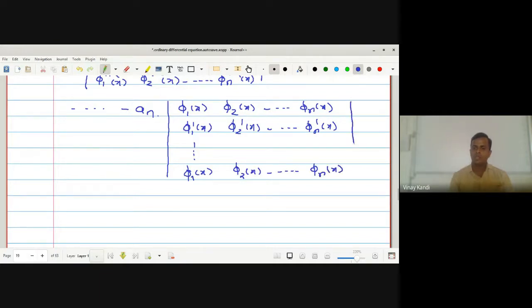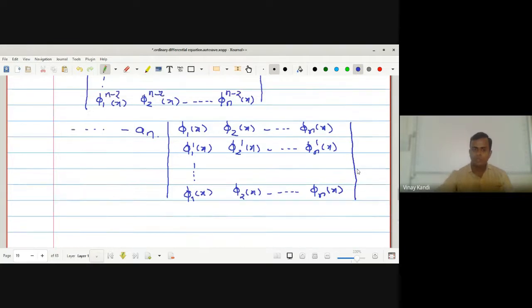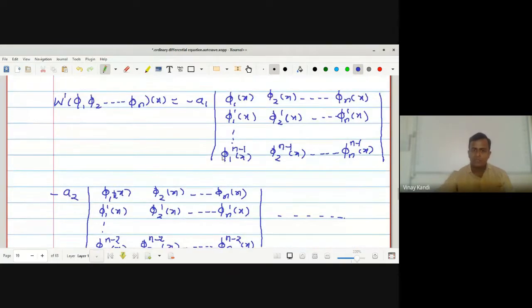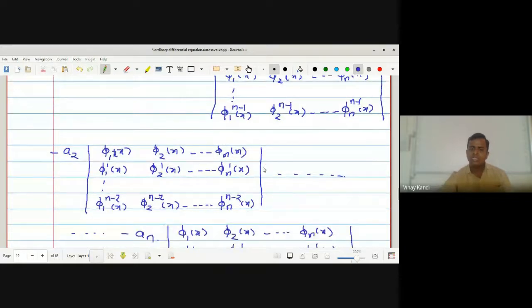Now look at here. Except the first determinant, all the determinants have two rows identical. Now look at here, this is phi 1 raised to n minus 2 and what will be above this? Phi 1 raised to n minus 2. Okay, where does the change happen? Only the last row changes.